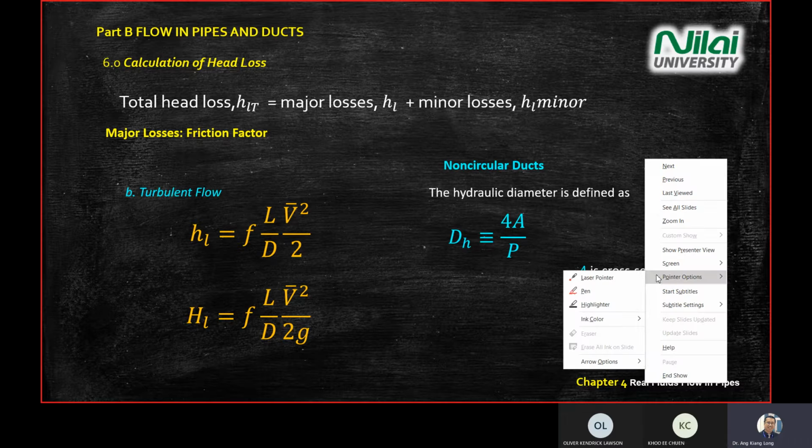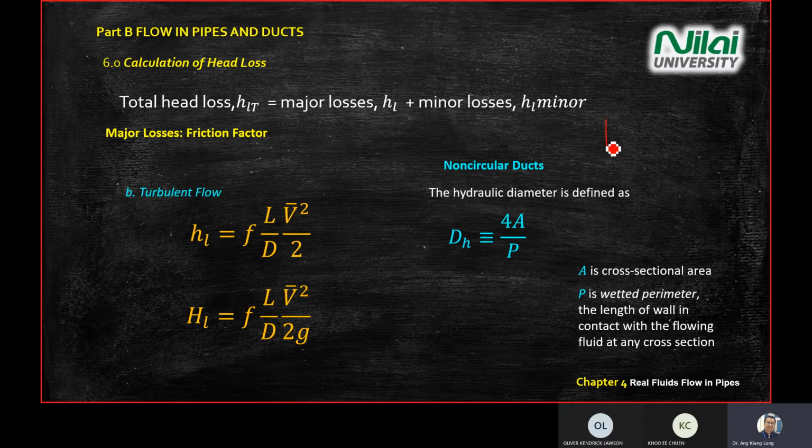So what is this one? Let me draw a diagram for you. Let's say you have a square duct and there's a flow. The flow is flowing out from the screen.